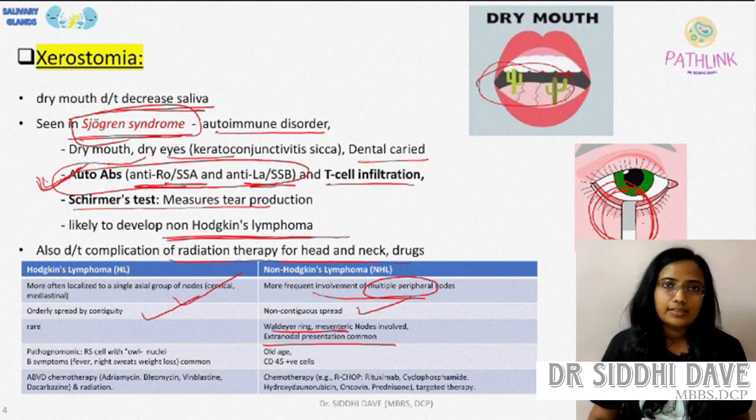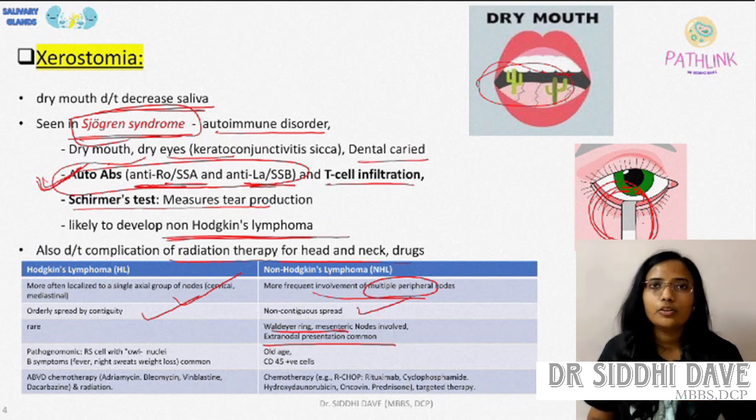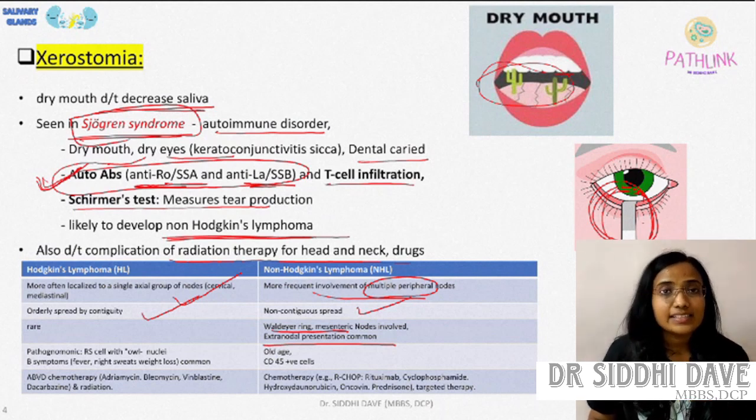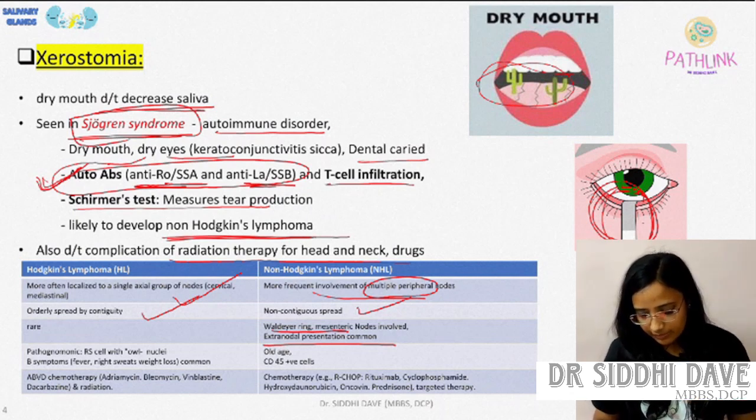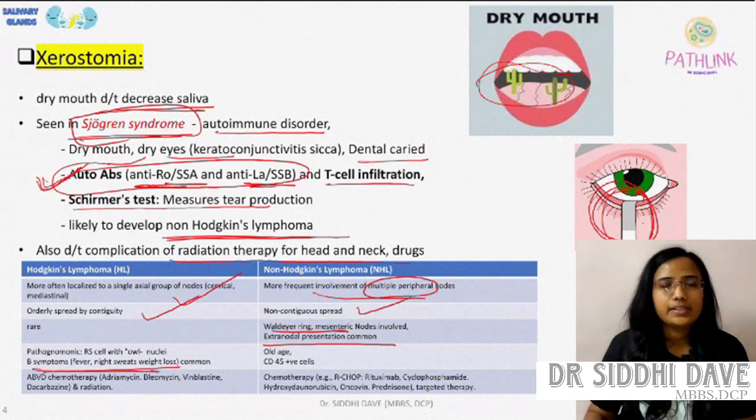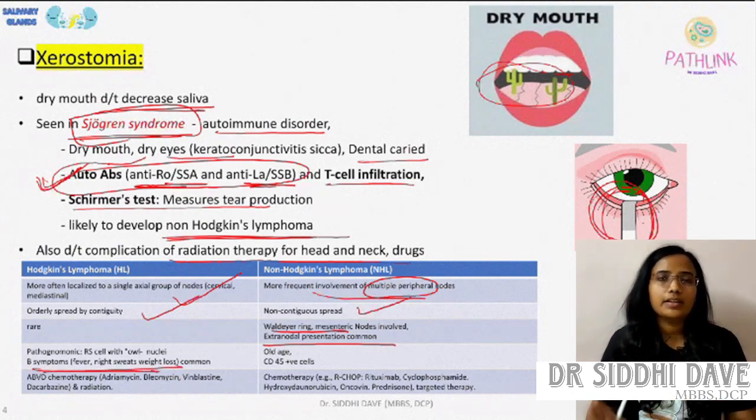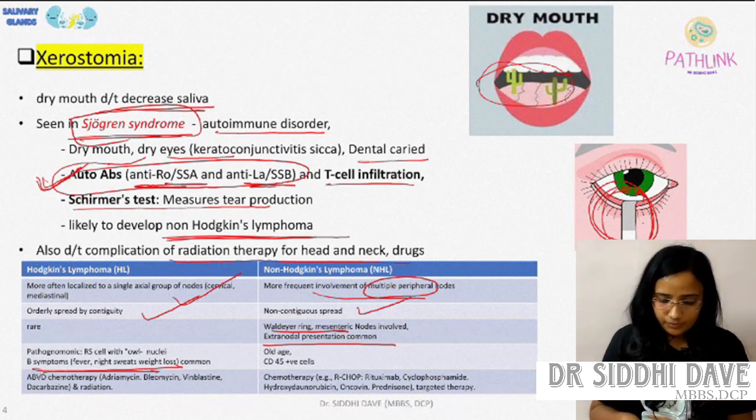While in Hodgkin lymphoma, there is a pathognomonic cell, also known as the RS cell, owl's eye appearance, Reed-Sternberg cells, and B symptoms are also there: fever, night sweats and weight loss. These are the B symptoms seen in Hodgkin lymphoma. They are also there in NHL, but they are specific for Hodgkin lymphoma.